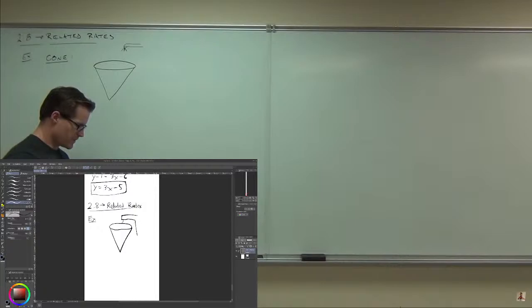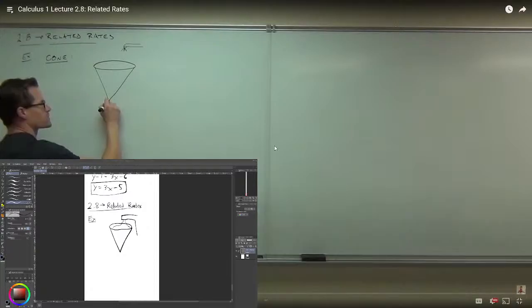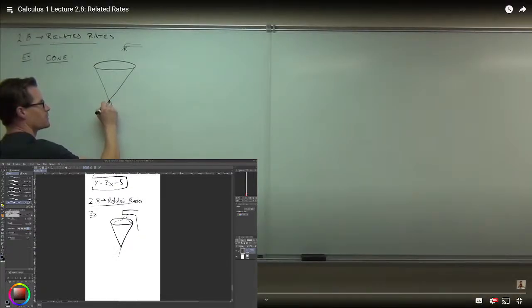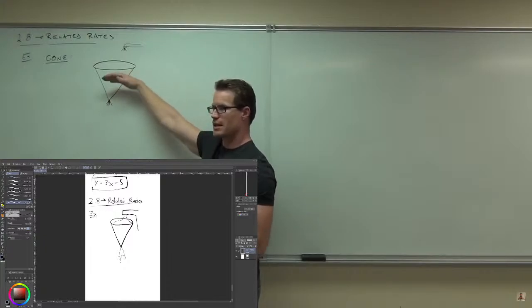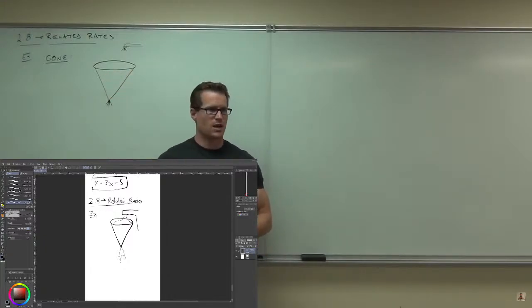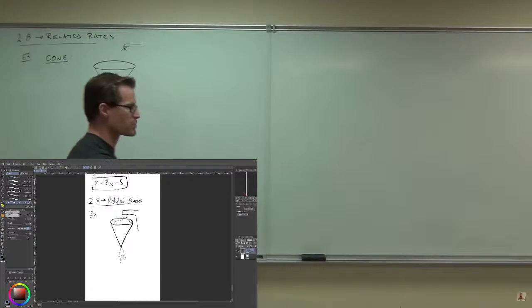It fills it up to a certain level, and then we cut the cone right there, so the water starts coming out. So maybe this is some sort of water container for a city. A huge cone, usually they're probably cylinders, but let's just pretend it's a cone. The same idea would apply for a cylinder. It's going to fill up to a certain level, and once it gets to that level, maybe it opens up. And that's our idea for this related rates problem.